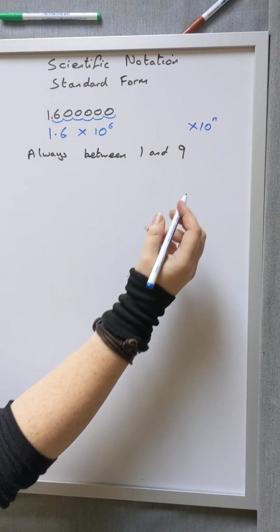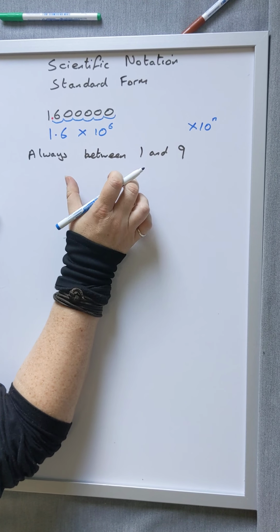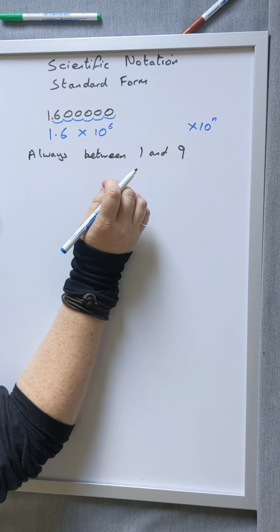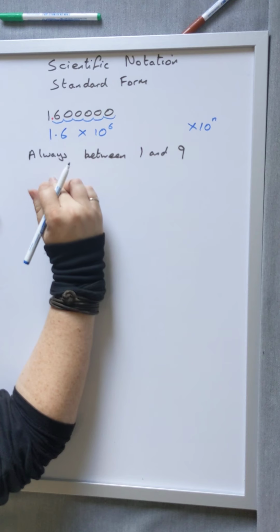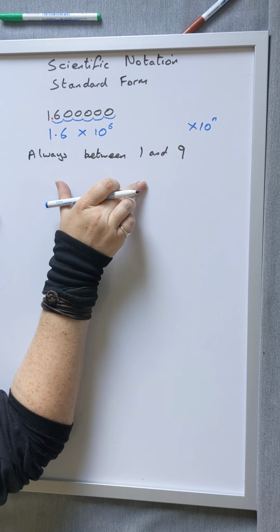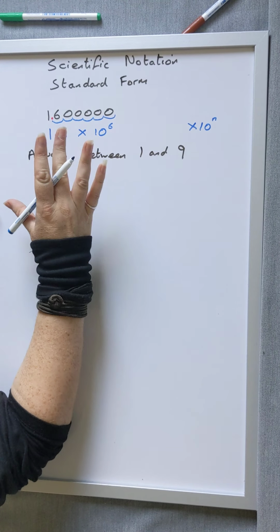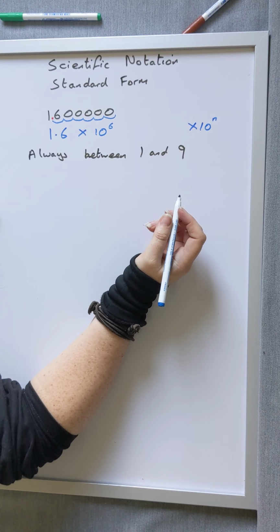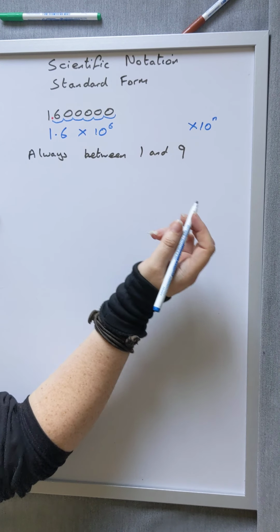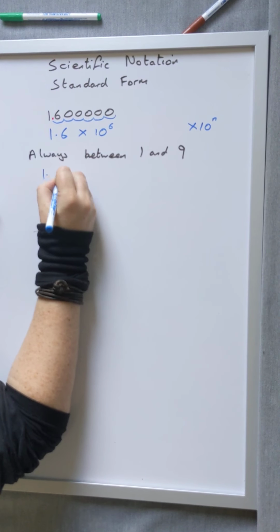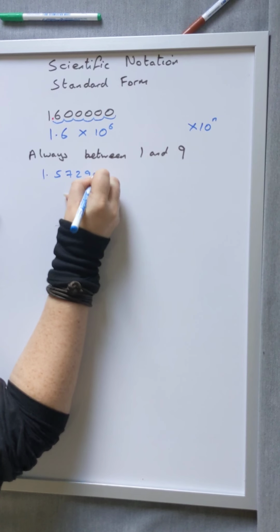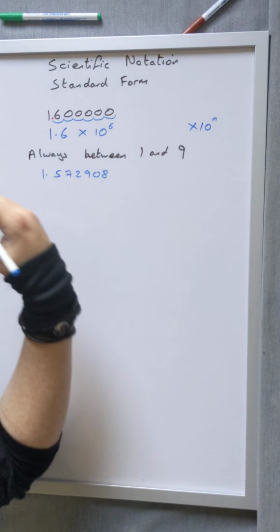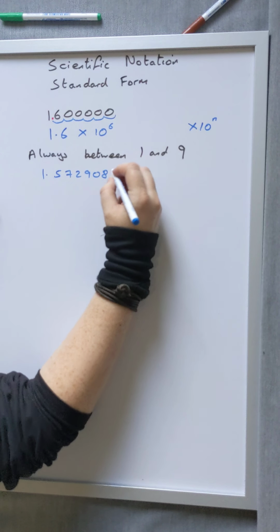Everything afterwards still counts. So unlike rounding and significant figures, the numbers afterwards still count. They don't get rounded away. So if we had, let's see, 1.57298, like we did the last time, the original number we were using for significant figures.